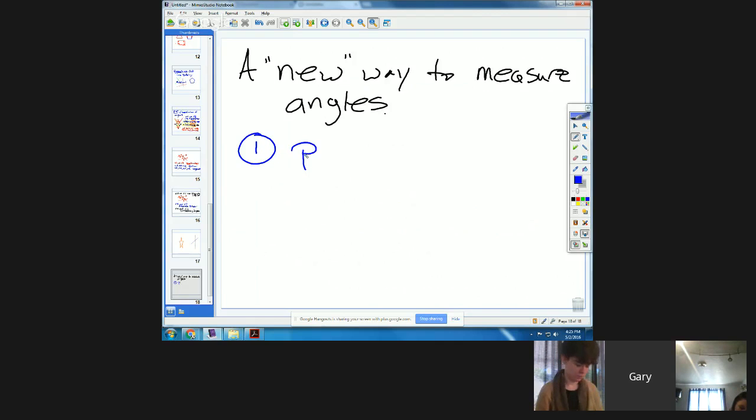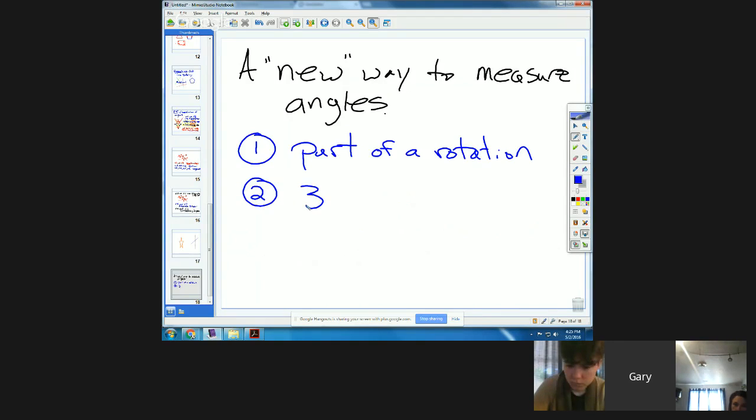We could talk about part of a rotation, which I did in the first part of today's talk. And we could call it a rotation or a revolution or a turn. And the second popular way was the idea that there's 360 degrees in one full rotation.